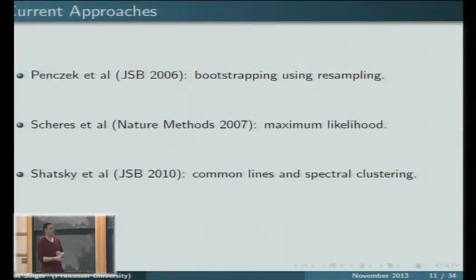Then there is a method called maximum likelihood, where you say, okay, I'll just throw in as many parameters as I want and try to learn them from the data. So I try to fit the number of states that there are. I have to come up with some underlying distribution for the conformations, so they usually do some Gaussian type modeling.